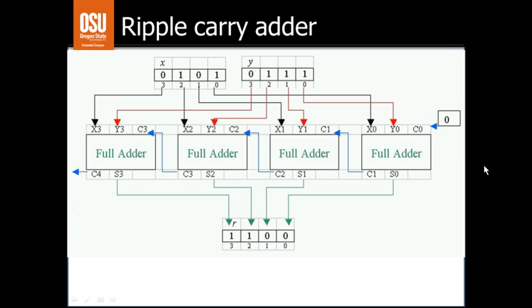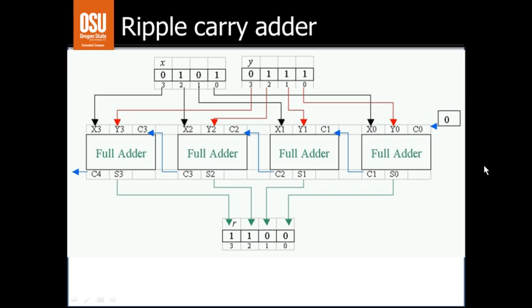Finally, we integrate multiple full adders into a circuit to create what's called a ripple carry adder. Note that each of the full adders would have that full adder circuit, and so as we wire this, we take bit number 0 from X and bit number 0 from Y, and start out with a carry bit of 0, and put those 3 inputs into a full adder. That would produce the sum bit for bit number 0 in the result, and would also produce a carry bit that would ripple over to the next adder.